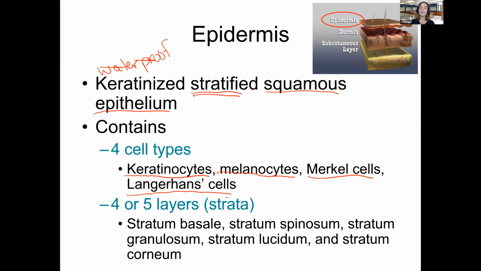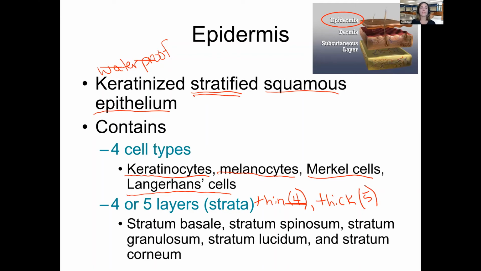And then the layers of the epidermis. It says right here, 4 or 5 layers. That depends on whether you have thin skin, which would have 4 layers, or thick skin, which would have 5 layers, okay? So our layers are listed there. I'm going to go over those with you as well.